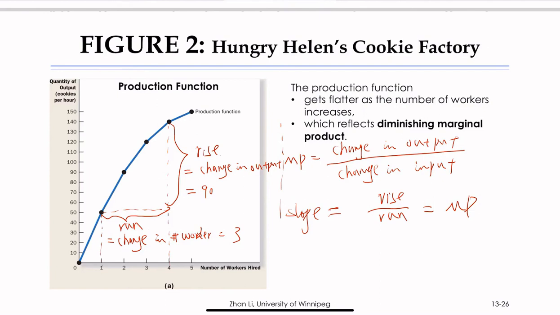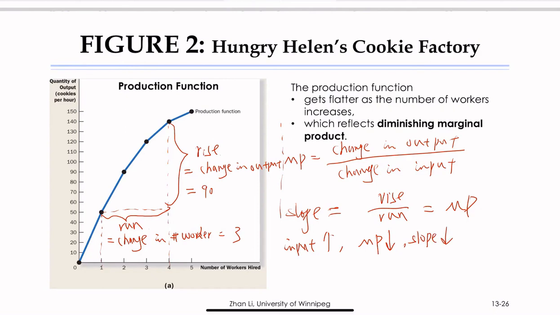Now, we have learned this result of diminishing marginal product. This basically says that as you increase your input, your marginal product becomes smaller. And because marginal product is the same as the curve's slope, in this case, slope becomes smaller and smaller.